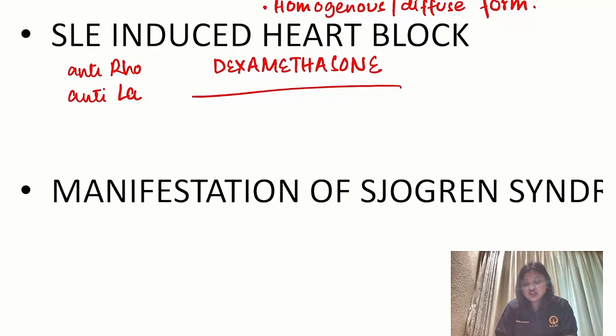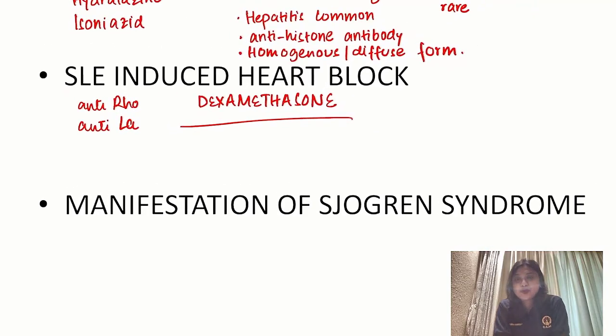Now, manifestation of Sjogren syndrome. I think you read in your medicine classes that Sjogren syndrome presents with dry eyes, xerostomia, xerophthalmia, and sicca syndrome. But usually in children, the dry eyes and dry mouth are relatively uncommon. They can be present, but the most common manifestation of Sjogren syndrome in children is recurrent parotitis.